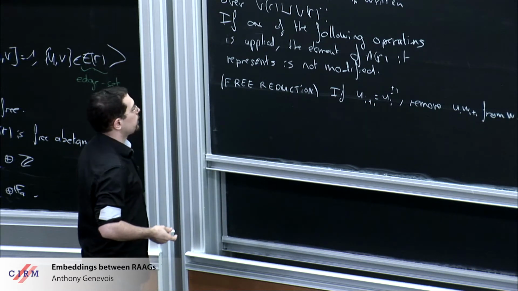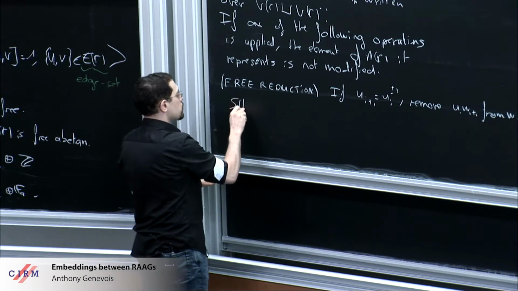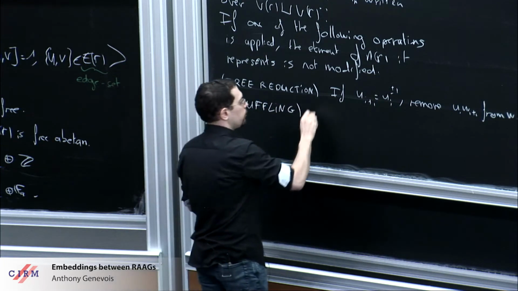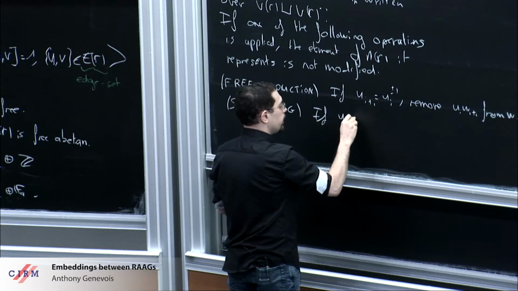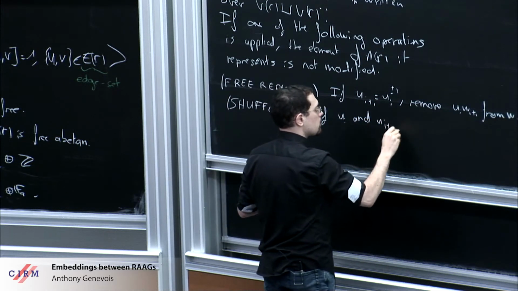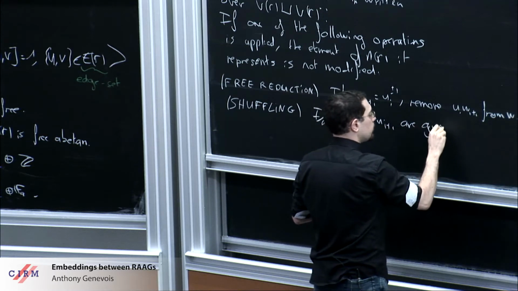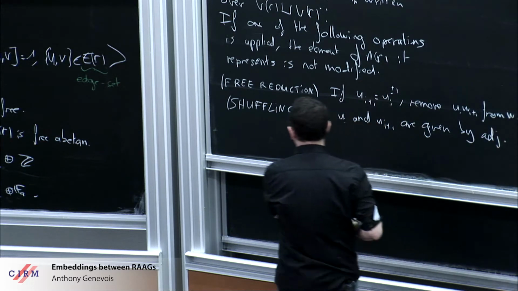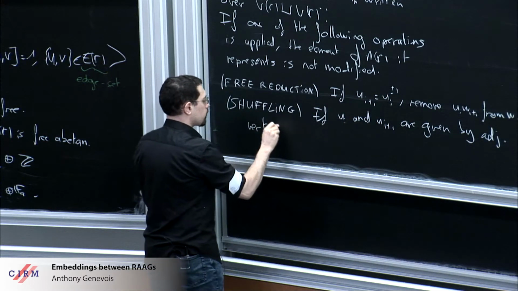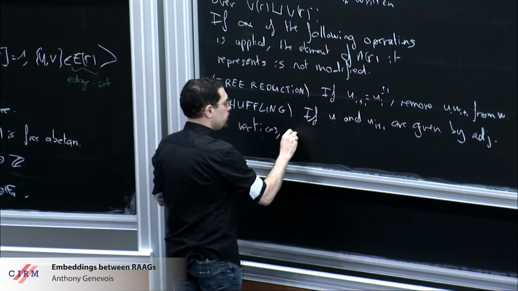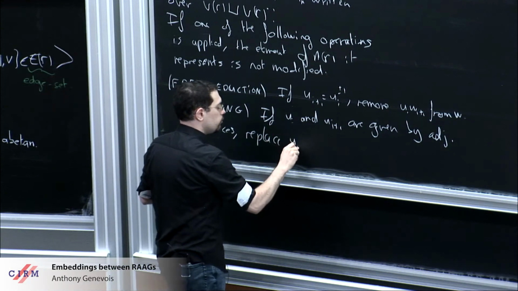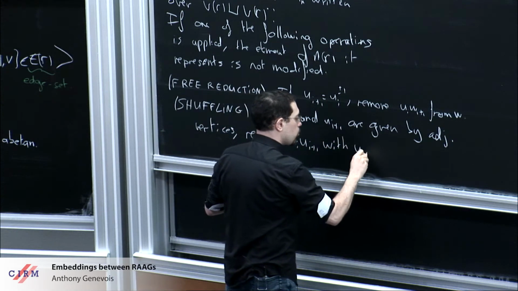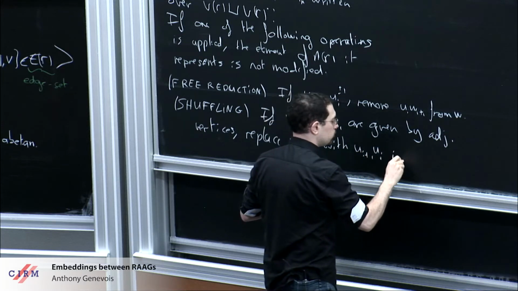Okay, the second one is the shuffling. If u_i and u_{i+1} are given by adjacent vertices, replace u_i u_{i+1} with u_{i+1} u_i in w.